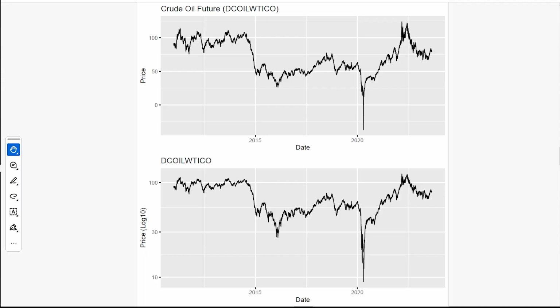It actually has a dramatic feature that the value of the contract went negative in 2020, which was a shock to financial markets, especially brokers and traders in those contracts.